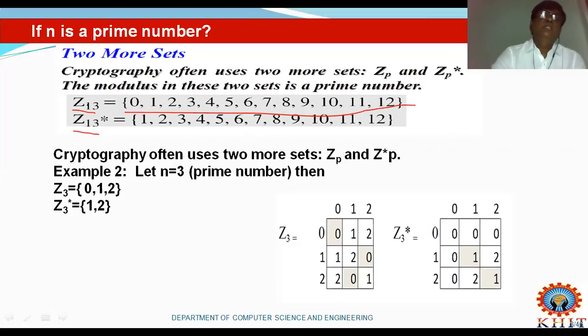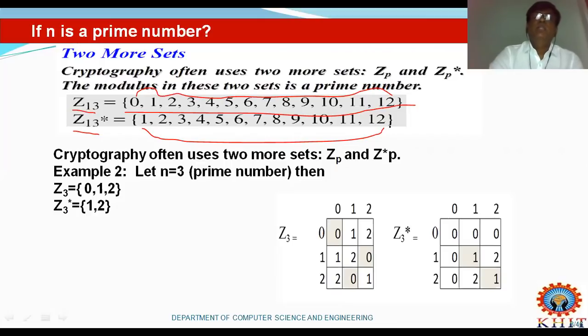Since it is 13, it has additive inverses from 0, 1, 2, 3, 4 up to 12. And it has multiplicative inverses not from 0, but from 1 to 12. Every number from 1 to 12, not 0. Don't include the 0 in Z13 star.